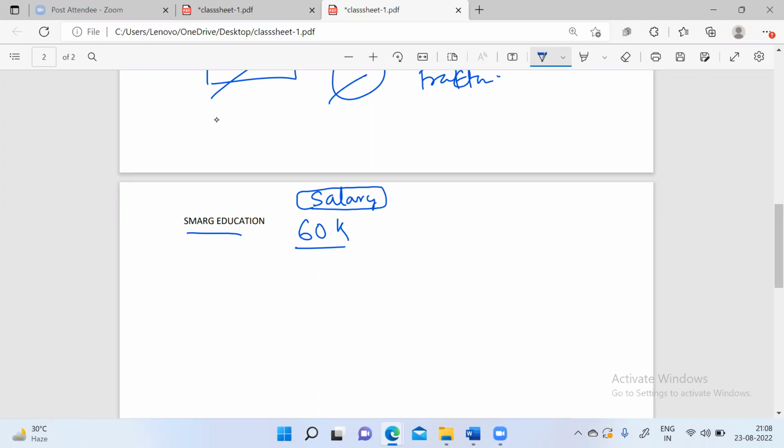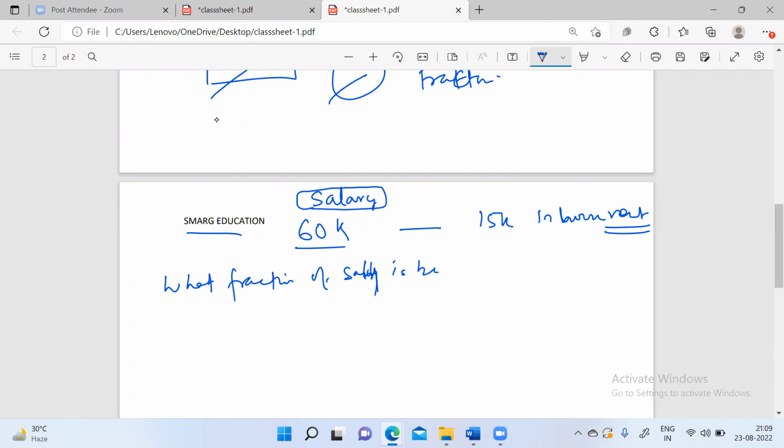Just a second. So if that person is spending 15,000 on house rent, and if I ask what fraction of salary is being spent on rent, how will we find it? Tell me. So here 60,000 is the entire salary.